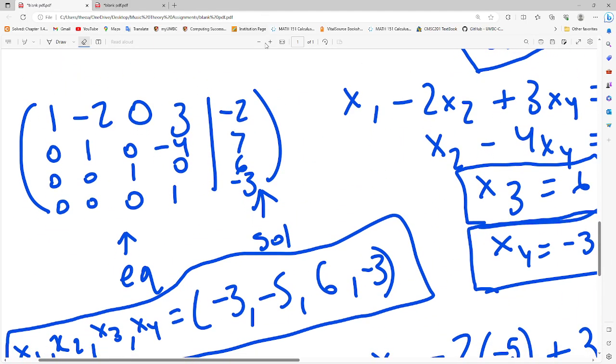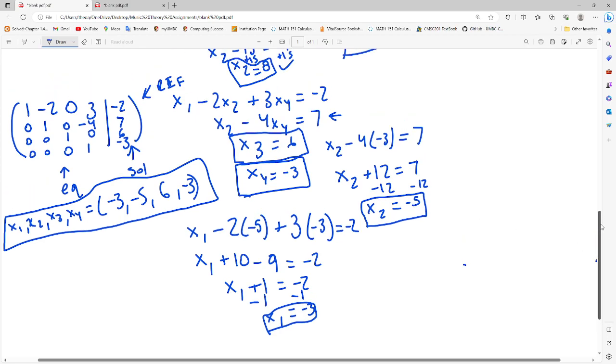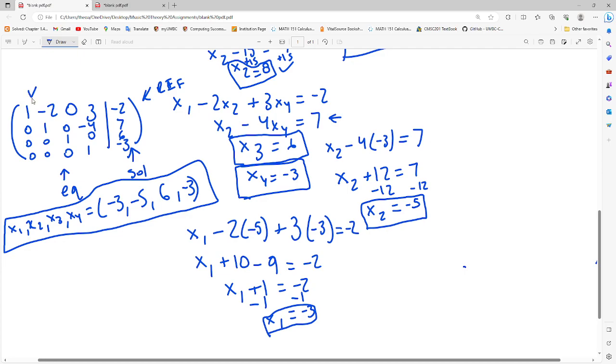Right here, this is what we call row echelon form. What you'll notice is all these matrices are already in row echelon form because there are zeros on this side. And when a point is the first non-zero point in a row, this is called a pivot.